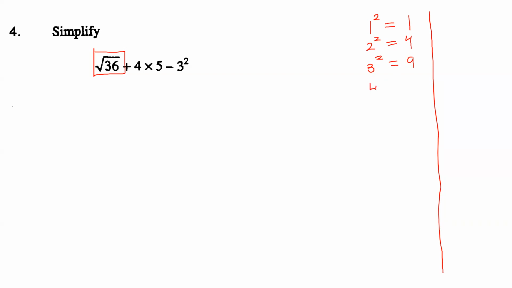Very good. So what is 4 squared? 16. 16, very good. No calculators. 5 squared, what's 5 squared? 25. Good. What is 6 squared? 36. 36, very good. What is 7 squared? 49.